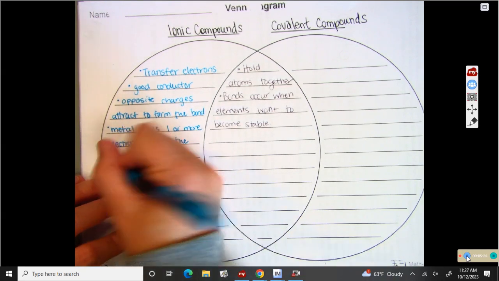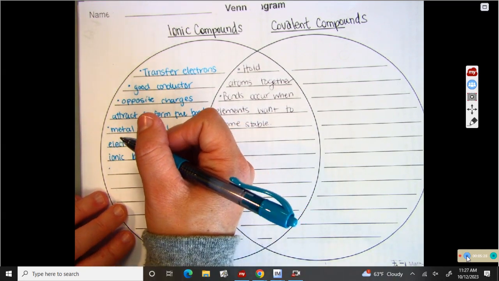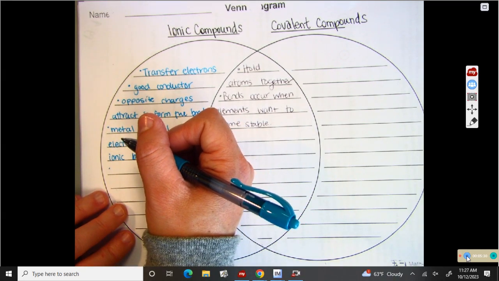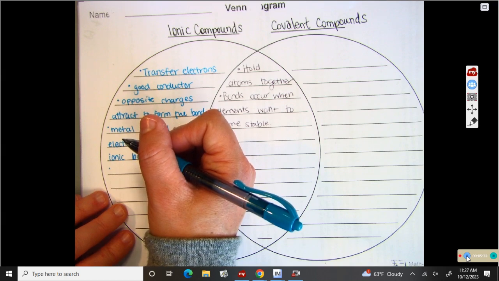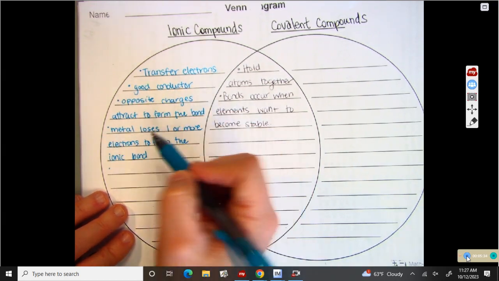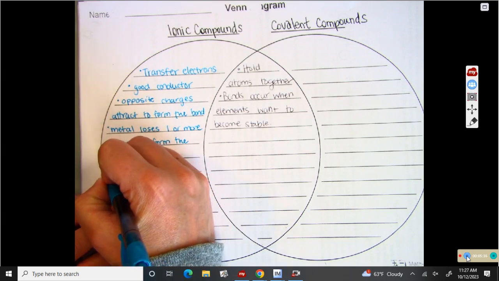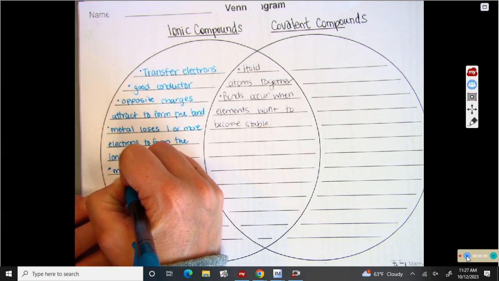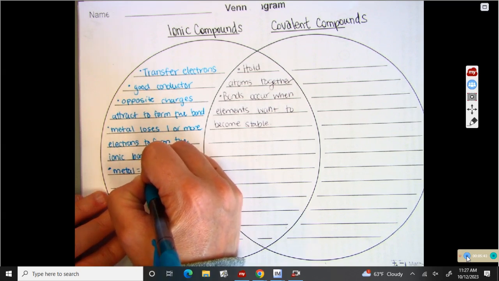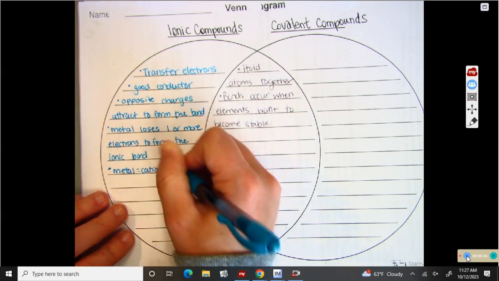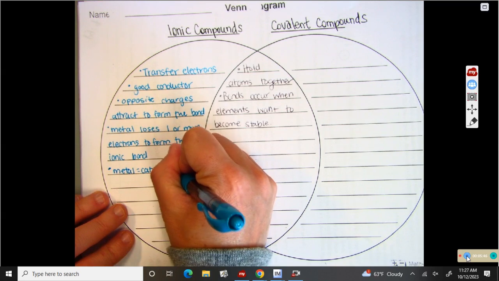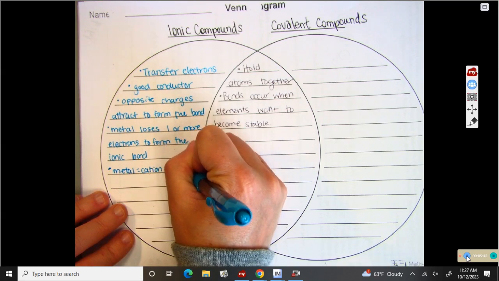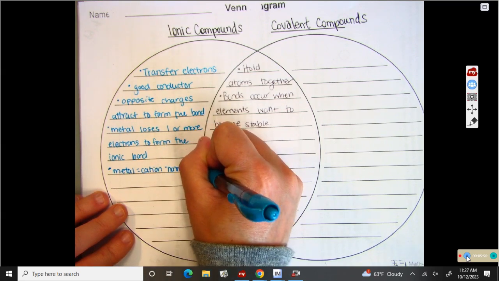Okay, now if we look at the one that's losing the electron, the metal is going to form a positive ion. So a metal will equal the cation, and the nonmetal will be the anion.